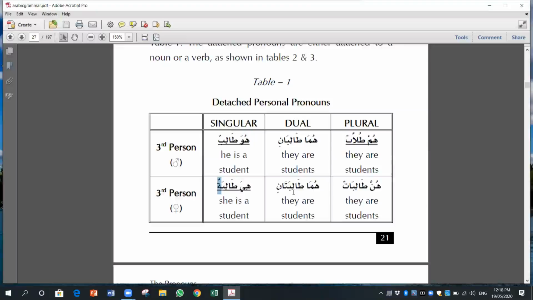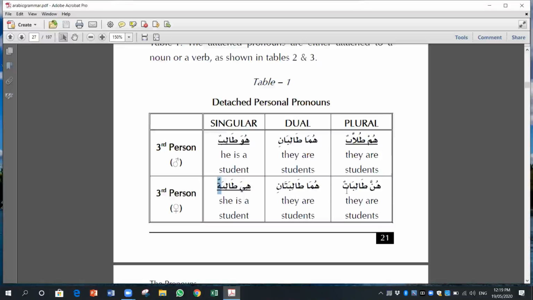We will put one alif with the ta and then noon. So it will become talibatani, two female students. And luckily huma is the same for male and for female. So huma talibatani, they are two female students, and huma talibani, they are two male students.